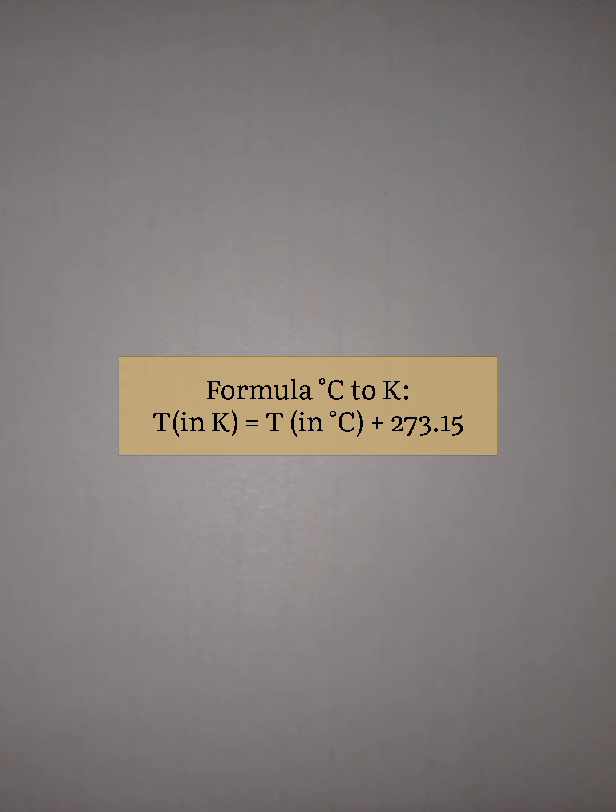If we convert the Celsius degrees to Kelvin, the formula will be temperature in Kelvin is equal to temperature in Celsius added to 273.15.